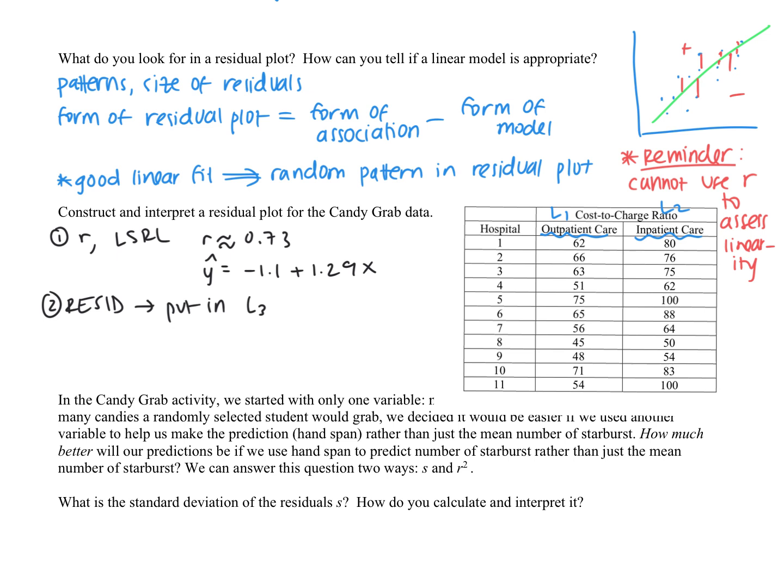The other thing that I want to make sure that we remember how to do is to look at a scatter plot of the data. So if you go to second stat plot and turn your first plot on, right now we're choosing a scatter plot of list 1 versus list 2.